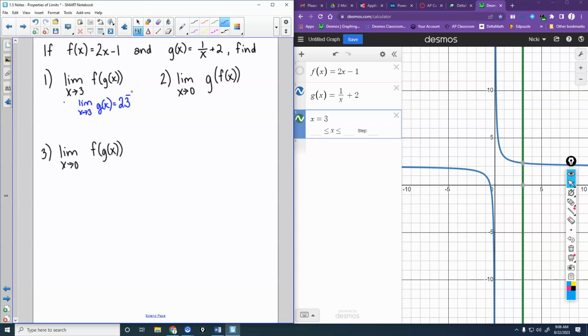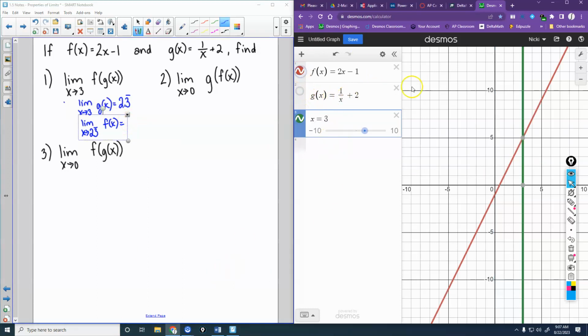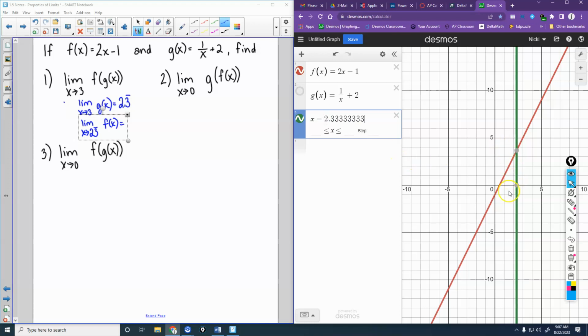Then we do the limit as X approaches 2.3 repeating of F of X. Looking at F of X at 2.3 repeating, I've got 3.667, so 3.6 repeating.